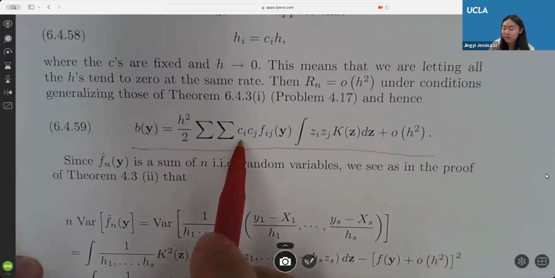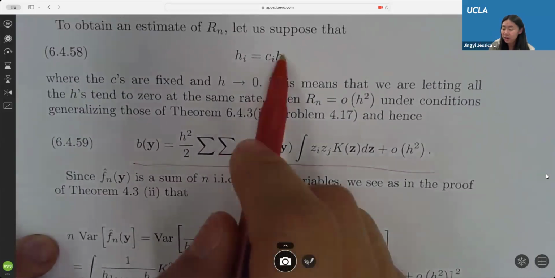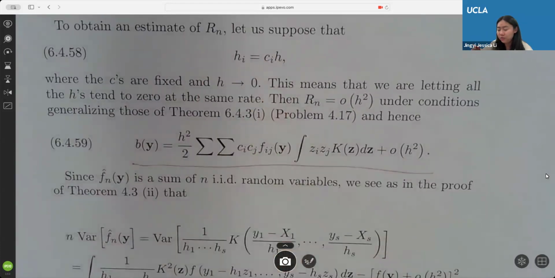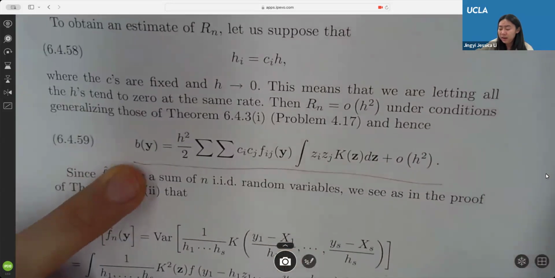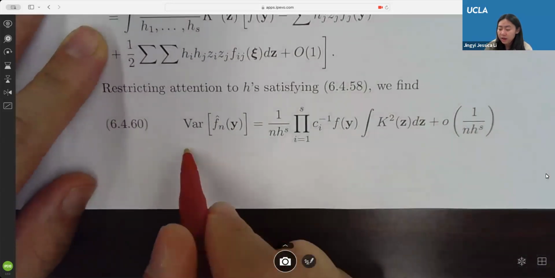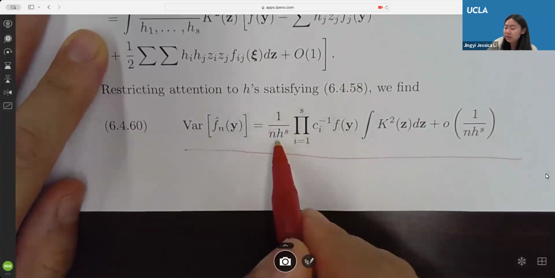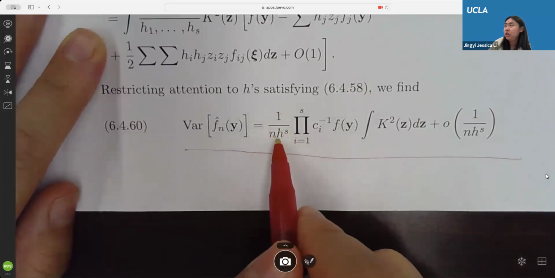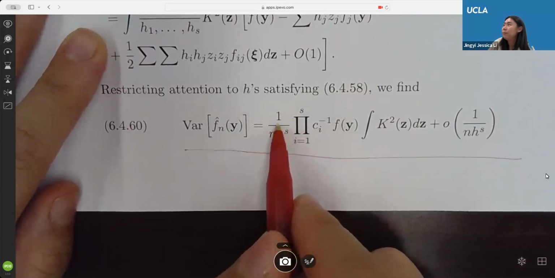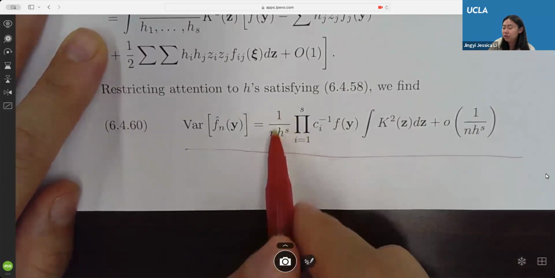Now we have c_i, c_j here, but they are also something we just defined to specify the bandwidth. So you can see this is the bias term, and this is the variance term. The key thing here is that 1 over nh becomes 1 over nh to the power s compared to the one-dimensional case. This is the major change.